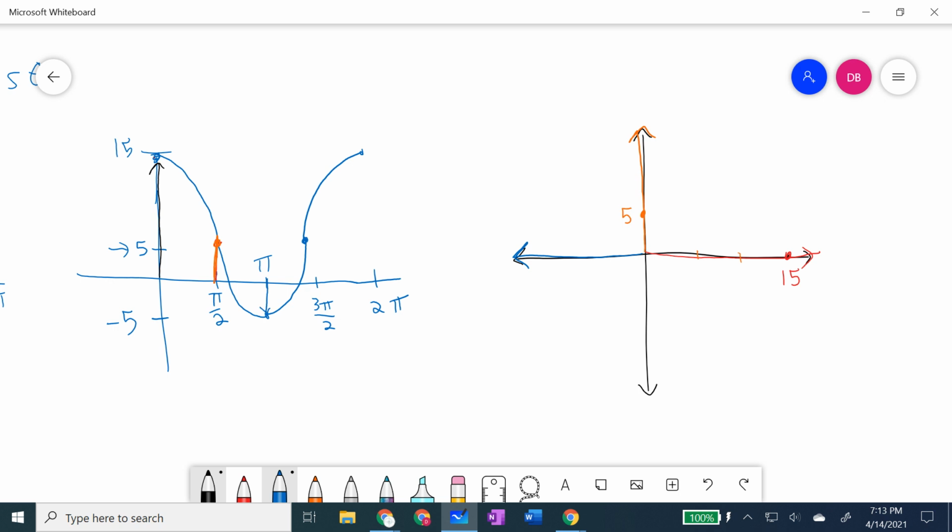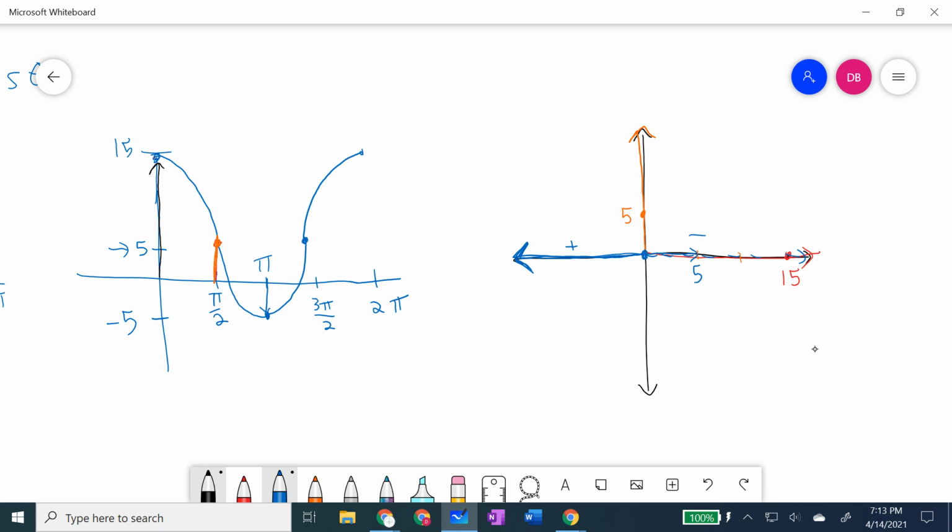So I'm actually needing to look at this being 0, this being the positive side of a line, and this being the negative side of that same line. -5, when I'm at angle pi, is actually 5 units in the negative direction.